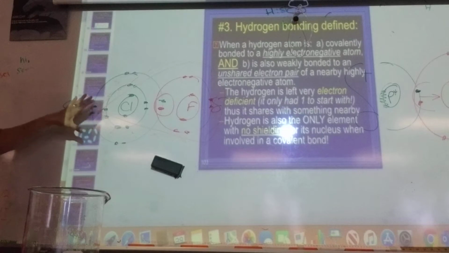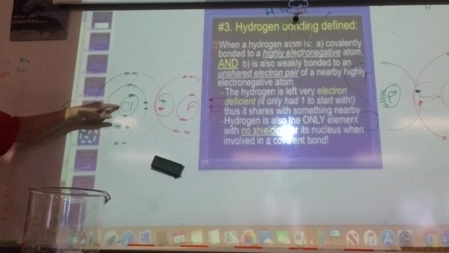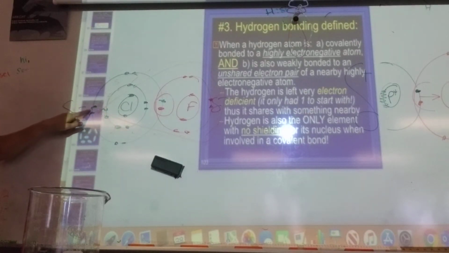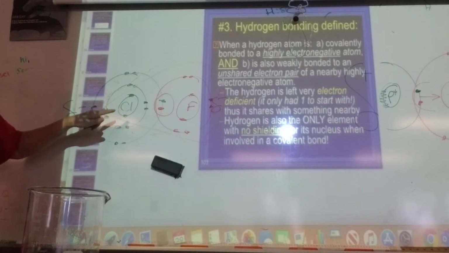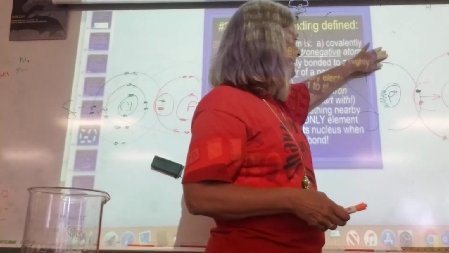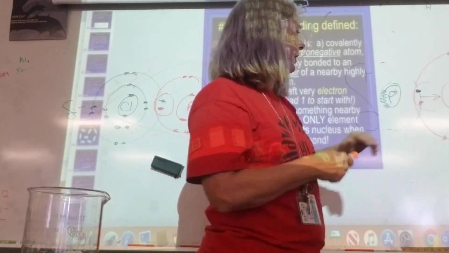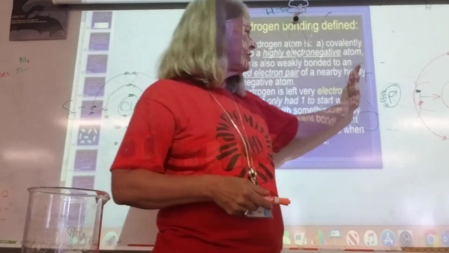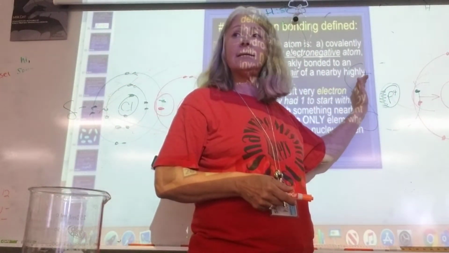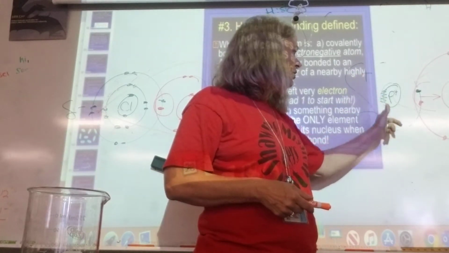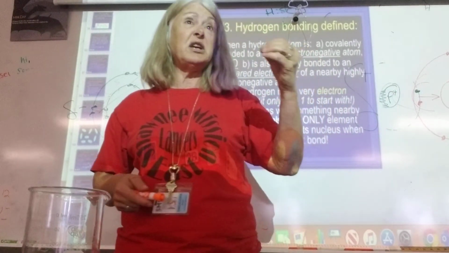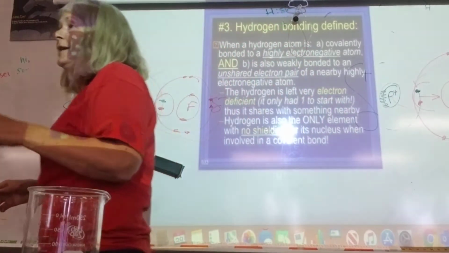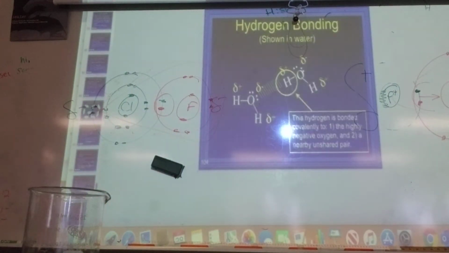And since I have electrons over here, the exposed proton still has 1, 2, 3 shields between the rest of the molecules out there and this nucleus. Unlike hydrogen, where that's gone now, they're just right over here. This is going to be more like this. There's not much of anything out here. Does that make sense? So there's not much of anything there, which means that exposed proton is seriously positive. That's why hydrogen gets its own special kind of bonding.